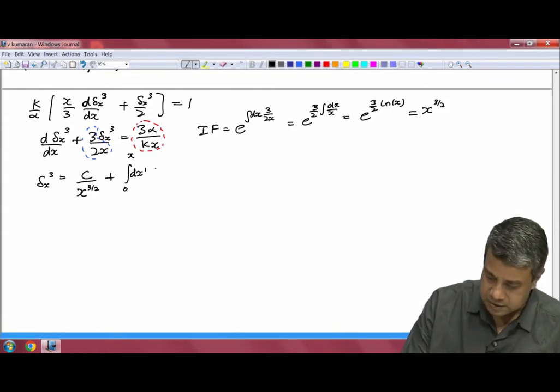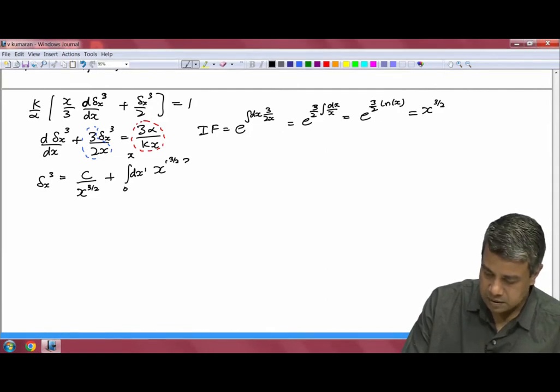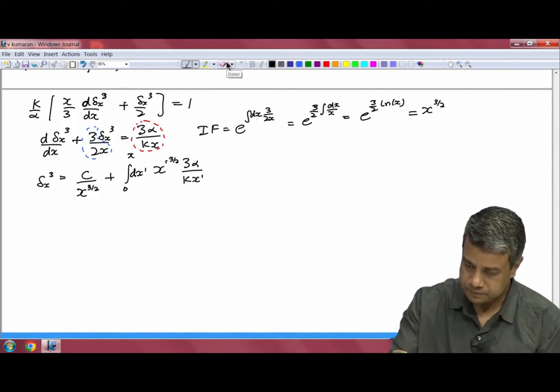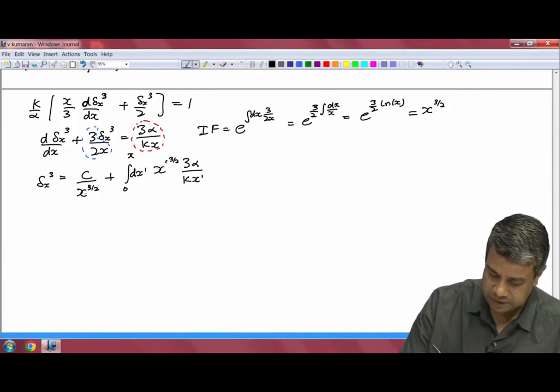So, this is x prime power 3 by 2 into 3 alpha by k x prime. And I should have a 1 over integrating factor outside.